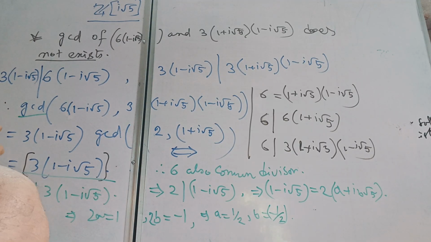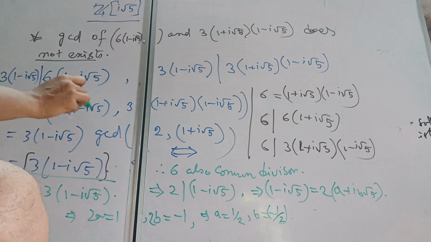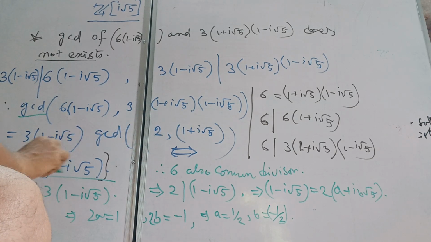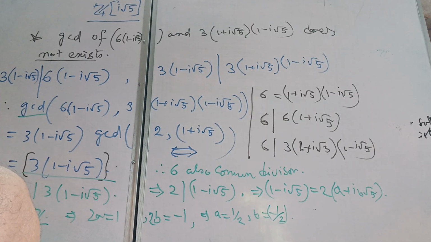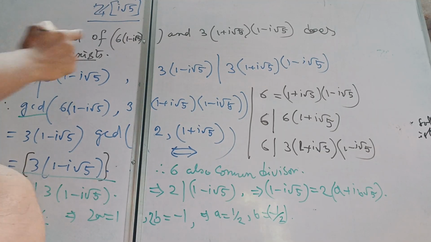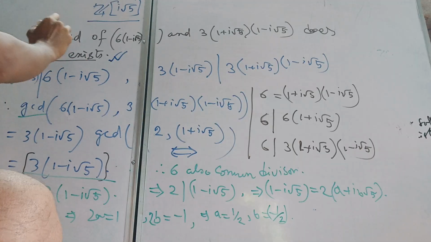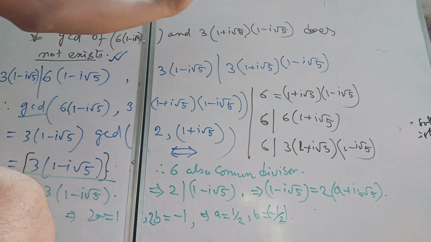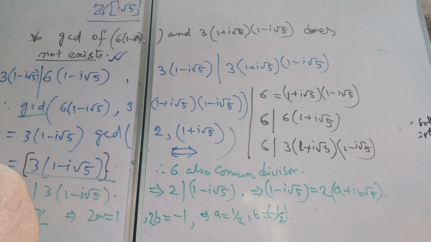So here we talk about that. That means 6 is also a common divisor, and we obtain this way the GCD equal to this. That means this one is not a GCD. So we also write here that the GCD does not exist. Just as a conclusion, we write the GCD of this and this does not exist in Z[i root 5].